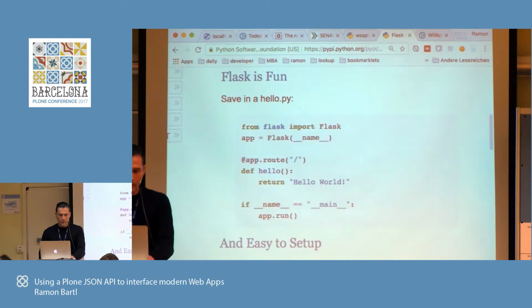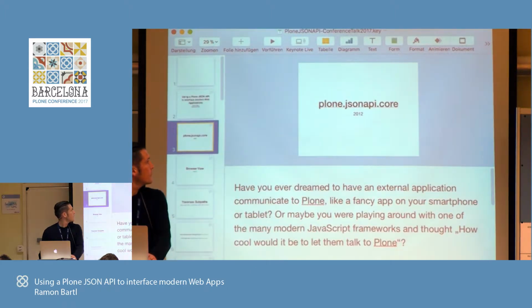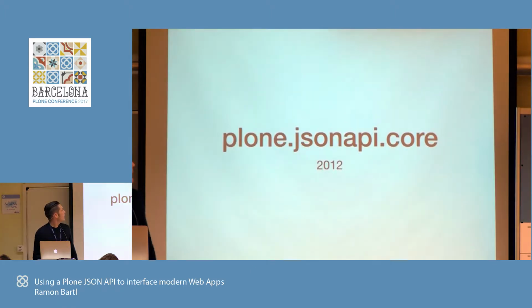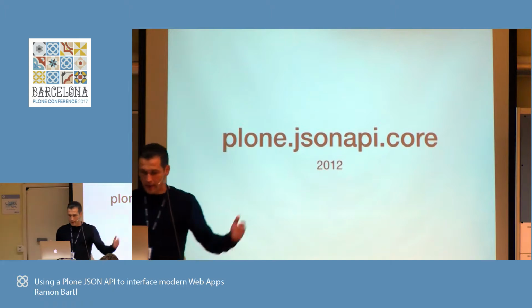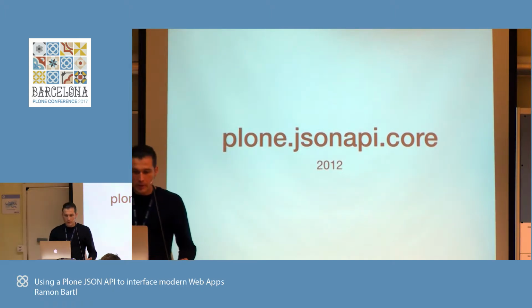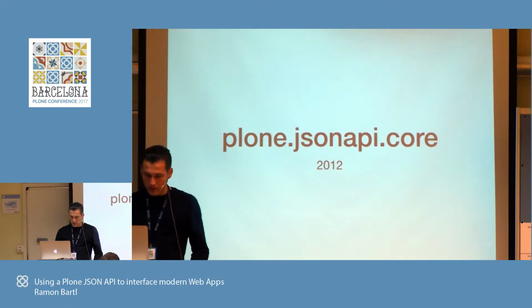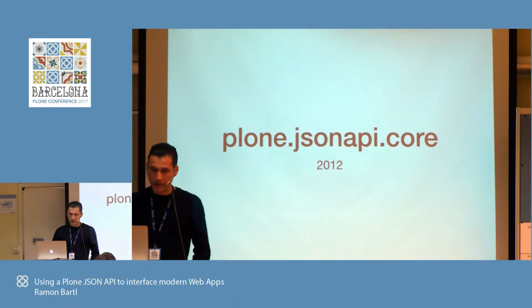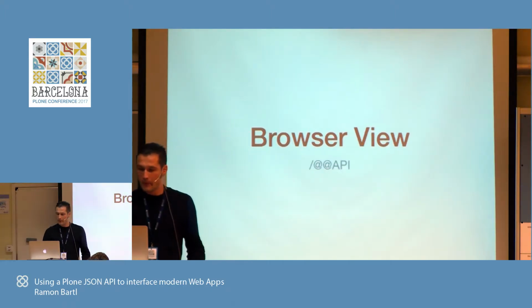So what I did then was think about a way to have the same interface like Flask provided, and I named this package Plone JSON API core. That was the first draft of my own API.